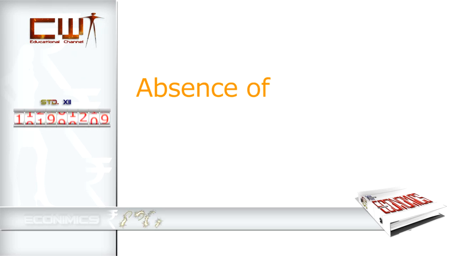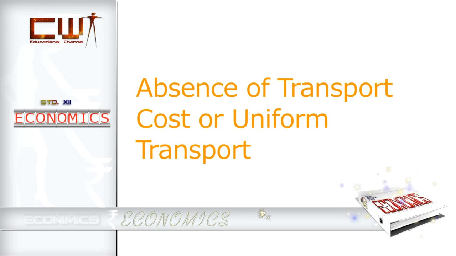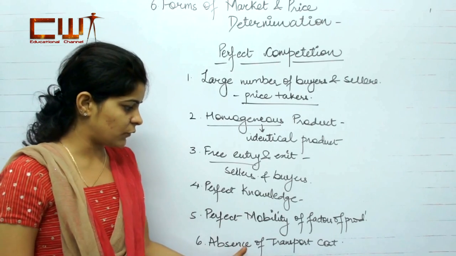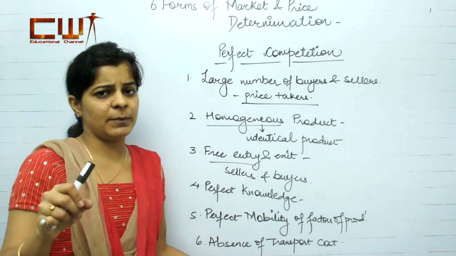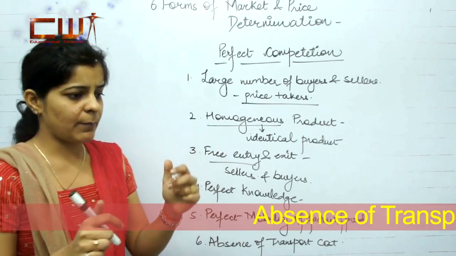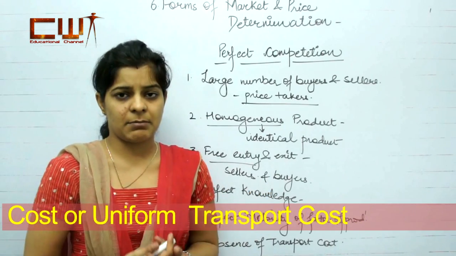The next feature we will study is absence of transport cost, or uniform transport cost. Absence of transport cost means all the sellers are located where the goods have been produced. So there is no transport cost; they just get the goods and sell in the markets.